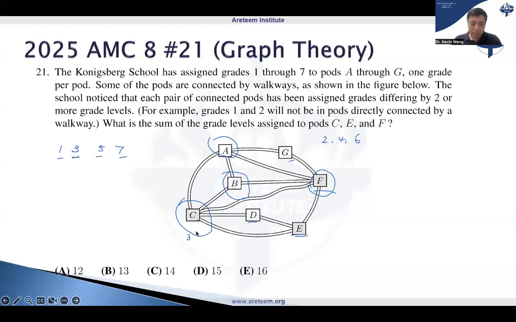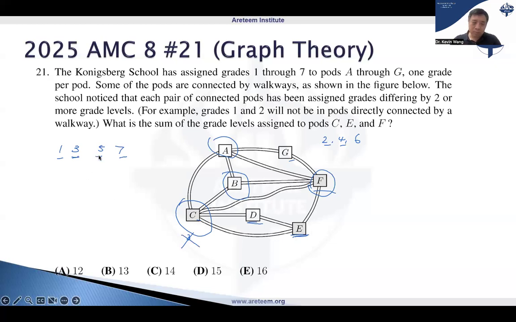If that's a 3, the two numbers next to 3 are 2 and 4. We have 2 and 4 among D, E, and G. Now we don't want 3 to be next to 2 and 4, so D and E cannot be 2 and 4. But there's only one number left, 6. You cannot put the same number into two pods, right? So that means this is not possible. You cannot put 3 here.